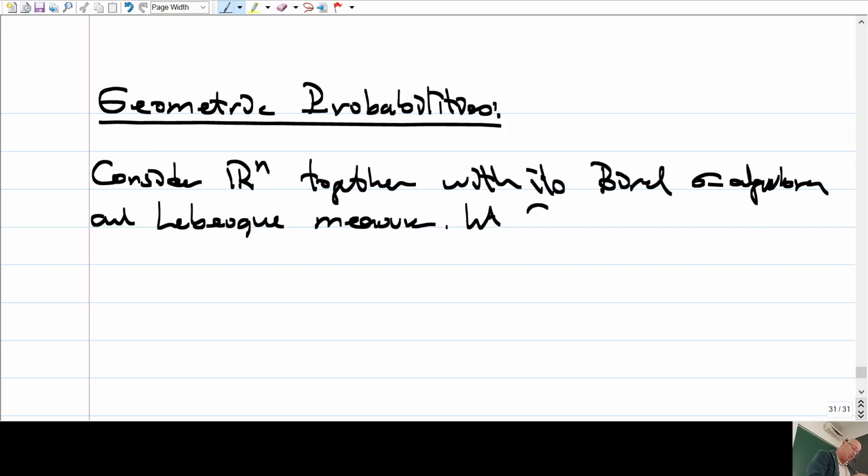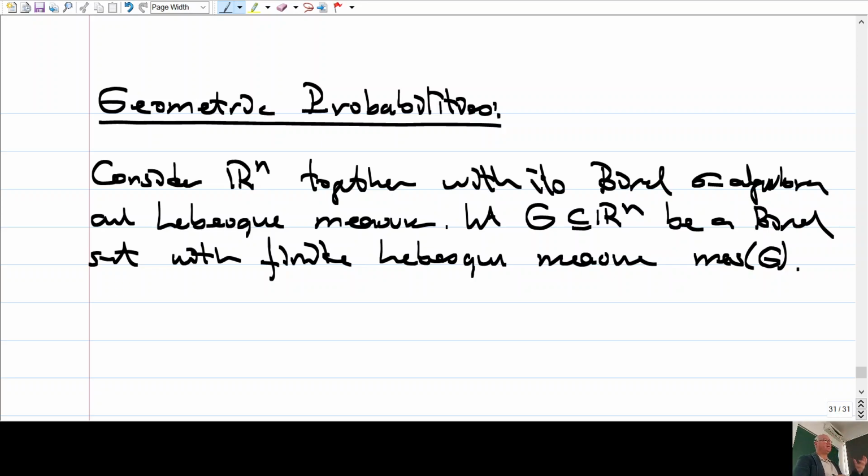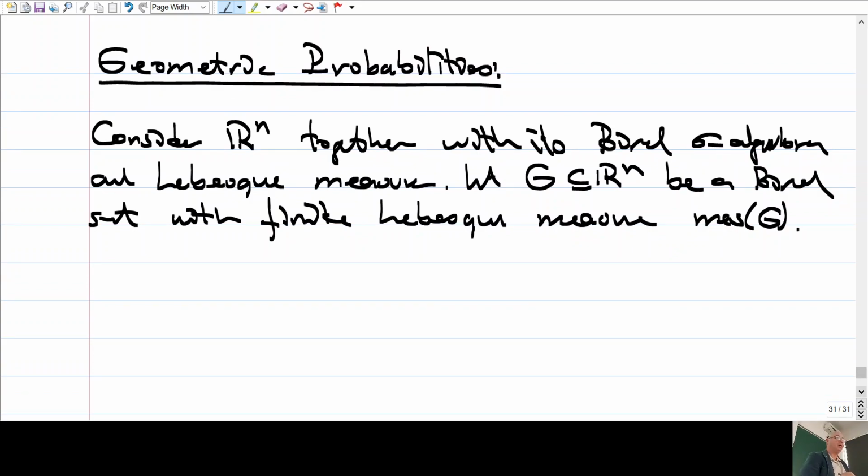So let G, for example, be a Borel set, so it's an element of the algebra with finite Lebesgue measure. Let me denote it like this: the measure of G. So G is a subset whose measure is finite. G may not be finite, but its measure is finite.